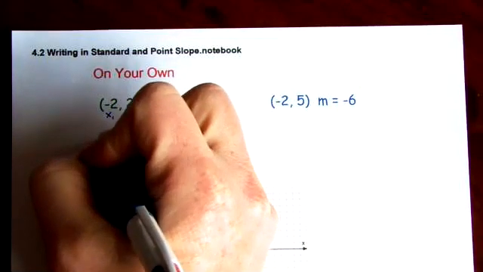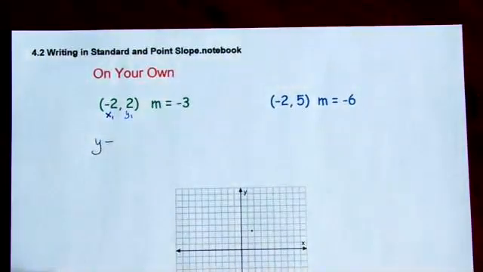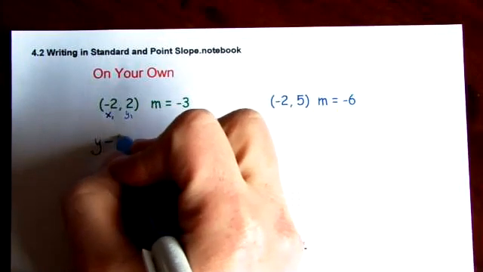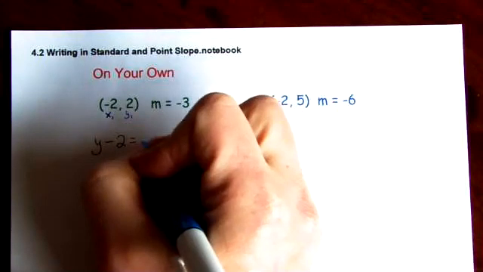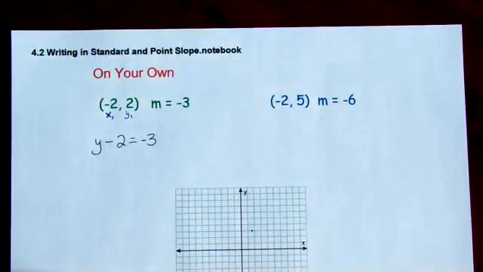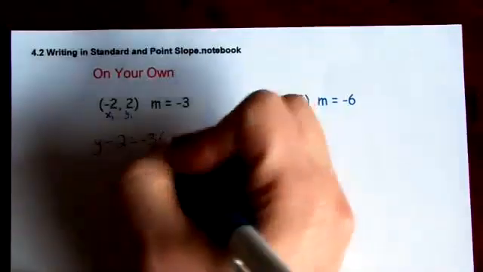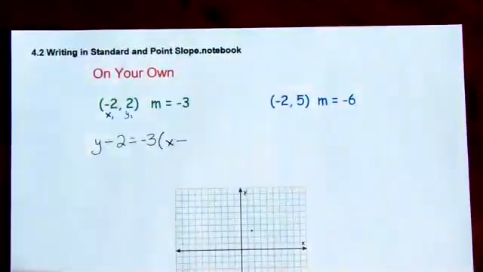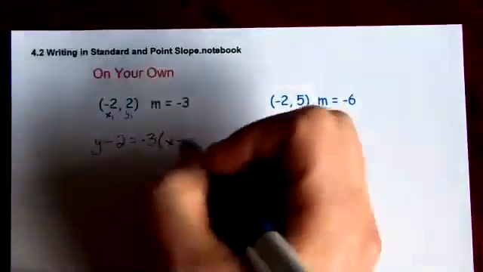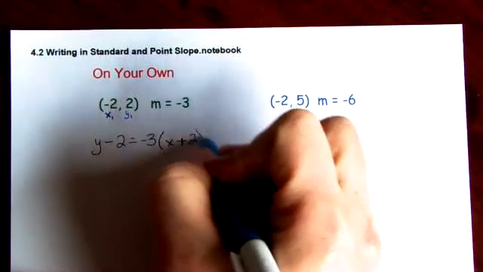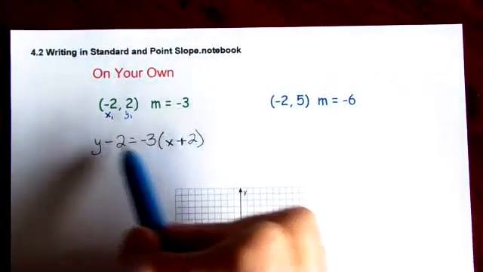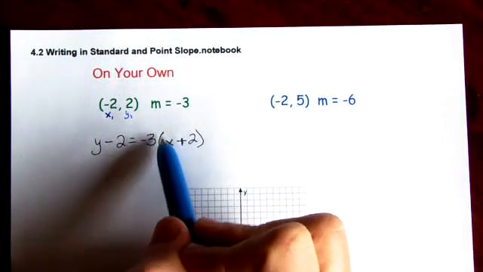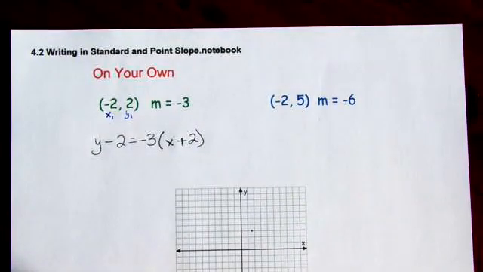If we remember, it's y minus y1, well, y1 is 2, so it's y minus 2 equals m, which is negative 3, times x minus x1. Since it's a negative 2, it'd be plus 2. So the equation of a line that goes through this point with that slope is y minus 2 equals negative 3 times x plus 2. Again, all I'm doing is substituting in.